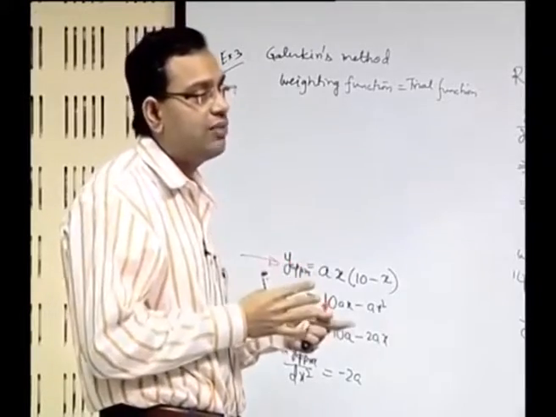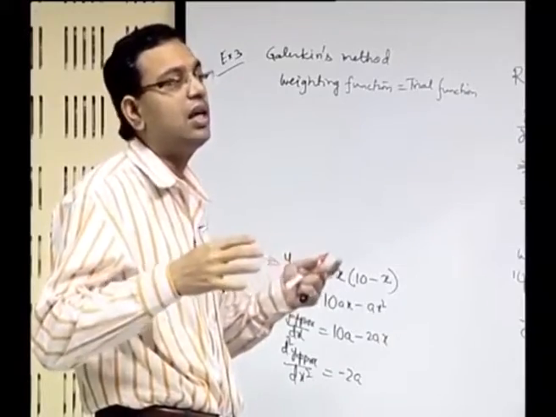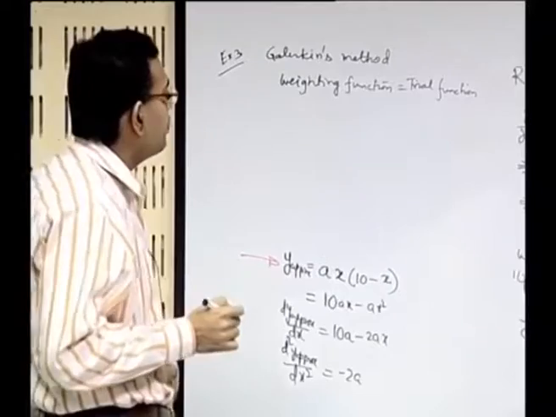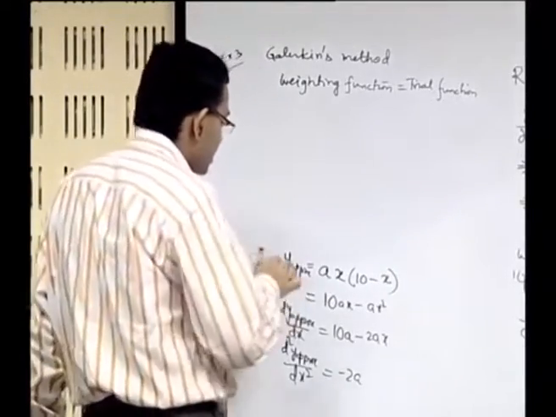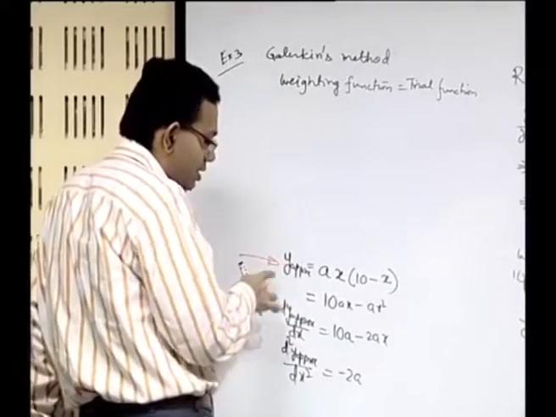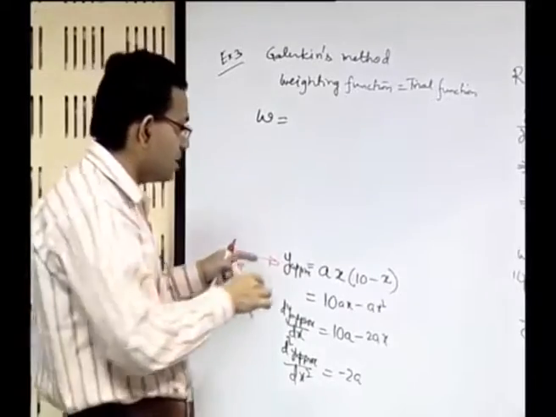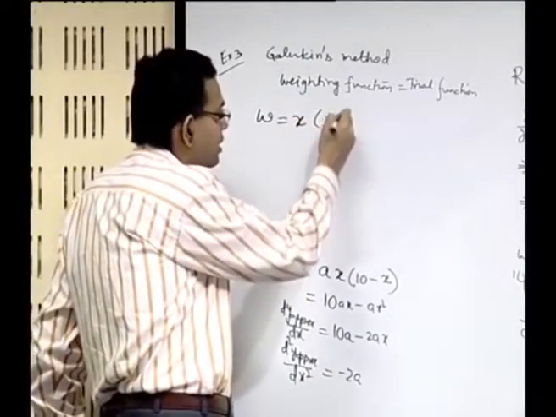Once you choose the trial function, you have automatically chosen the weighting function; you can't choose anything beyond the form of the trial function. If you want to see how that can be implemented, let us consider the same y approximate. Remember the weighting function we consider without the parameter, so we take the weighting function as x into 10 minus x.